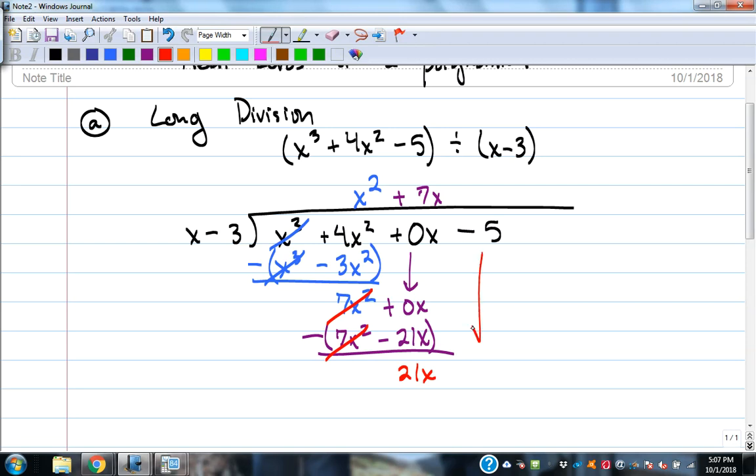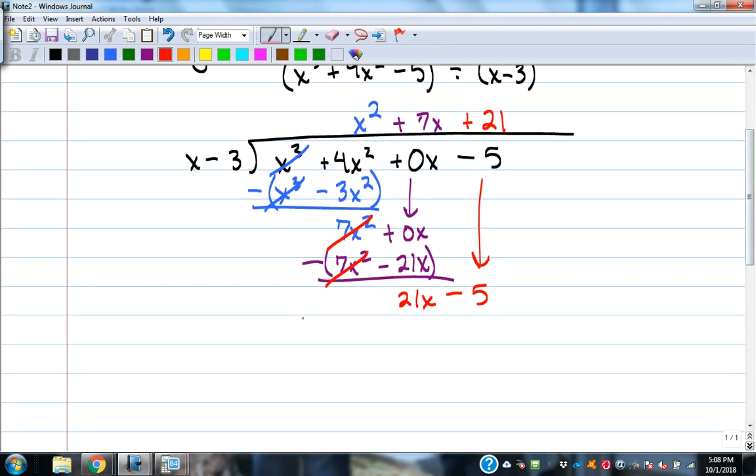I'm going to bring down the minus 5. Now, what times x gets me 21x? 21. Positive 21. So that gives us 21x minus 63. Parentheses, subtract. 21x's cancel out.